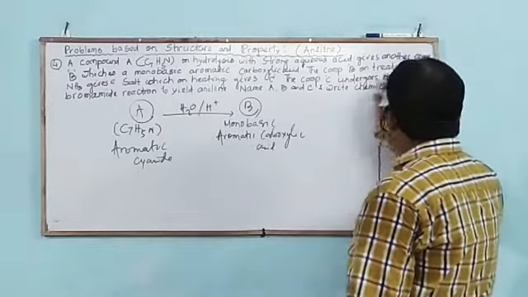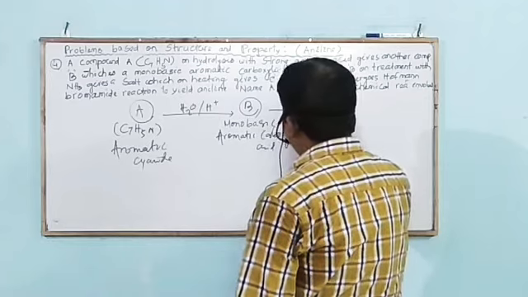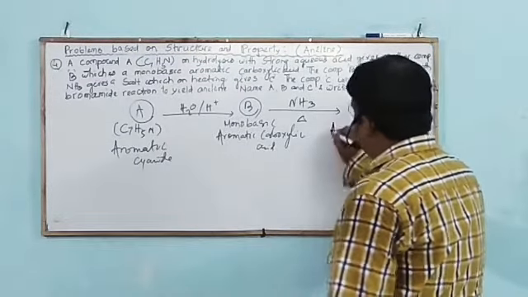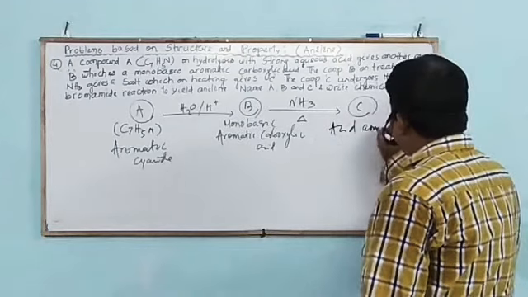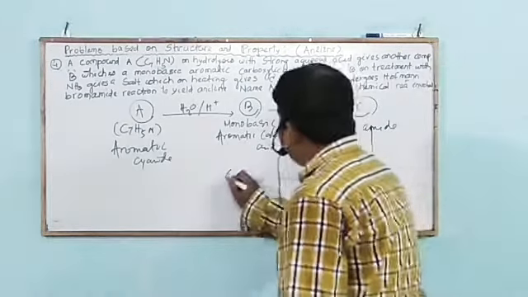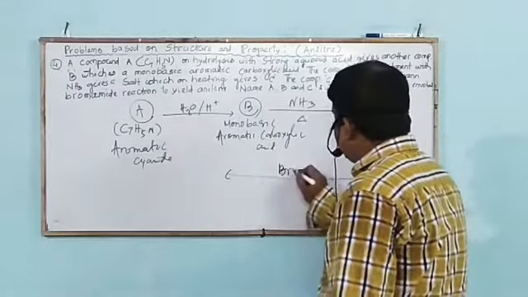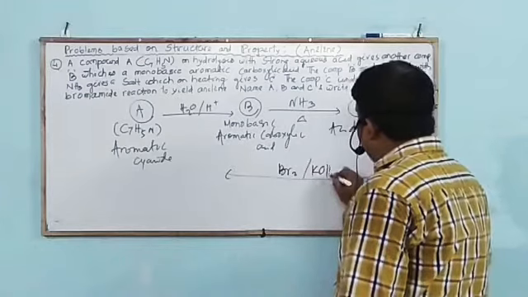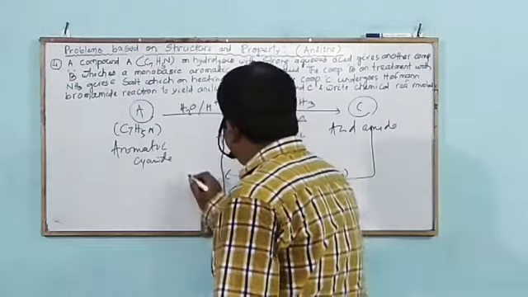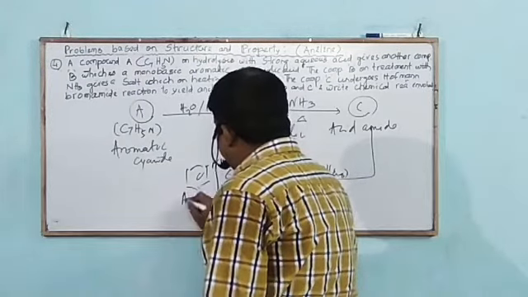The compound B, the acid, when treated with ammonia upon heating gives C, which means it is an acid amide. It is clear that C is an acid amide, and the compound C undergoes the Hofmann bromamide reaction, heated with bromine in presence of aqueous alkali, giving aniline.